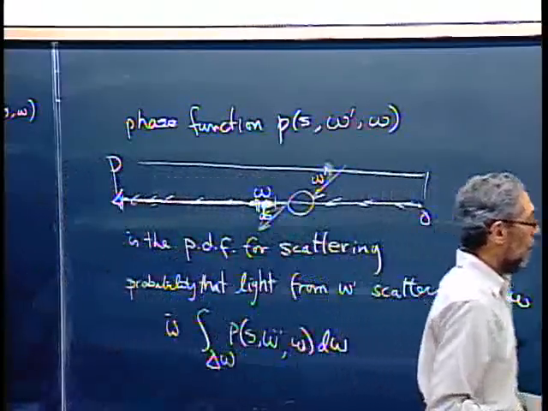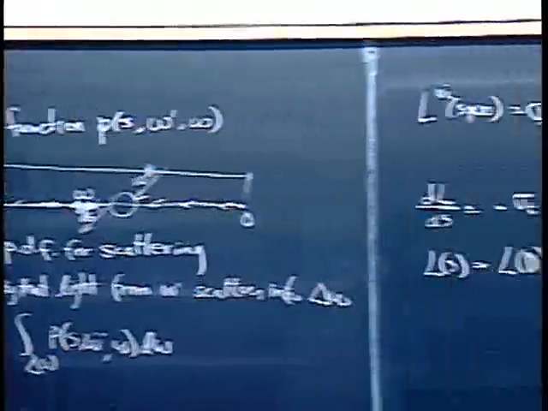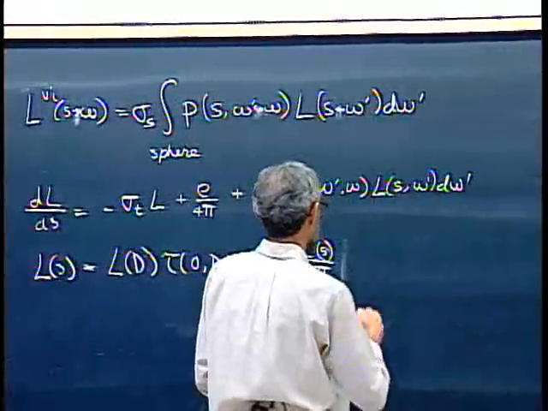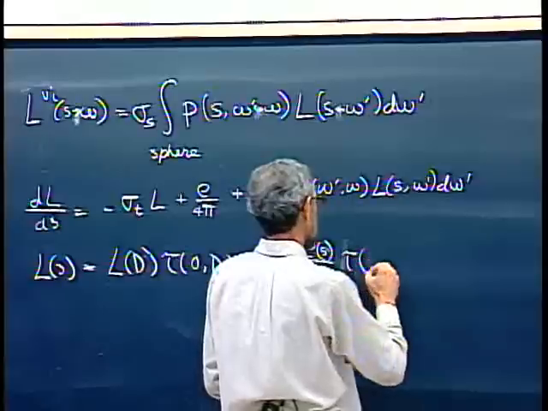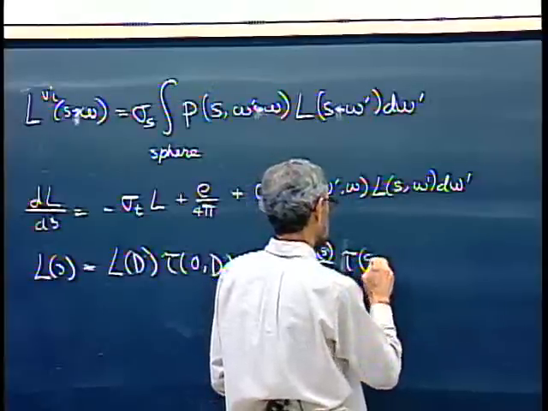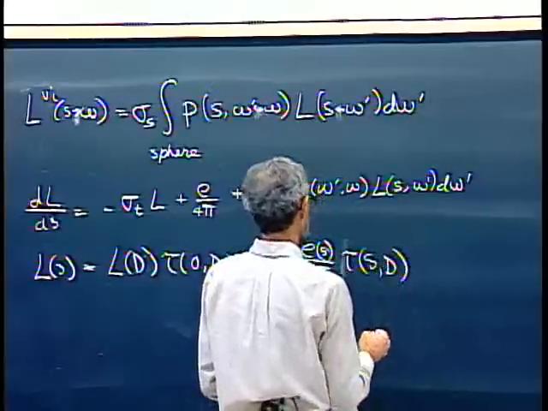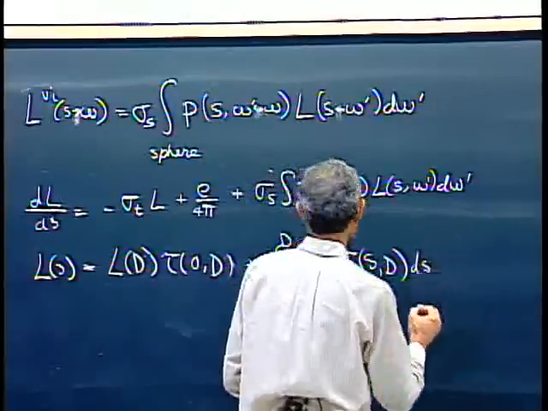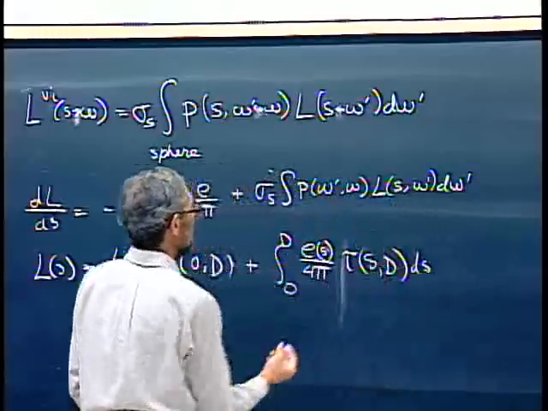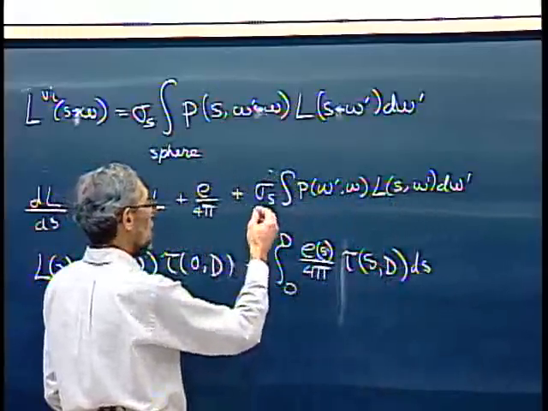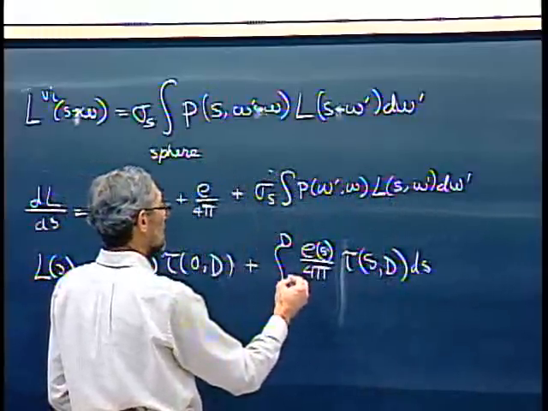So this is going to be multiplied by the opacity between position s and the eye at d. And this is ds.